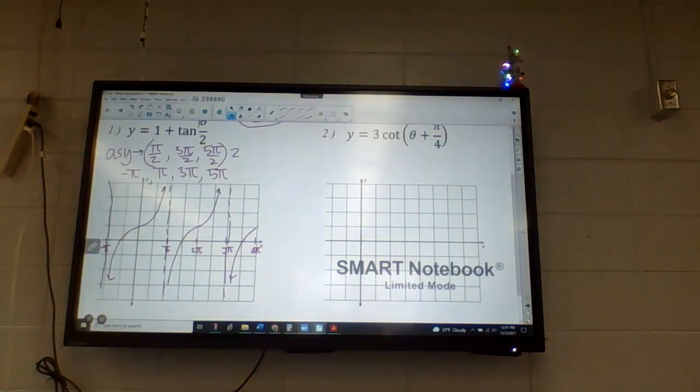So the period is what is half divided by? What is 0.5 divided by 3? We would multiply pi over 2.